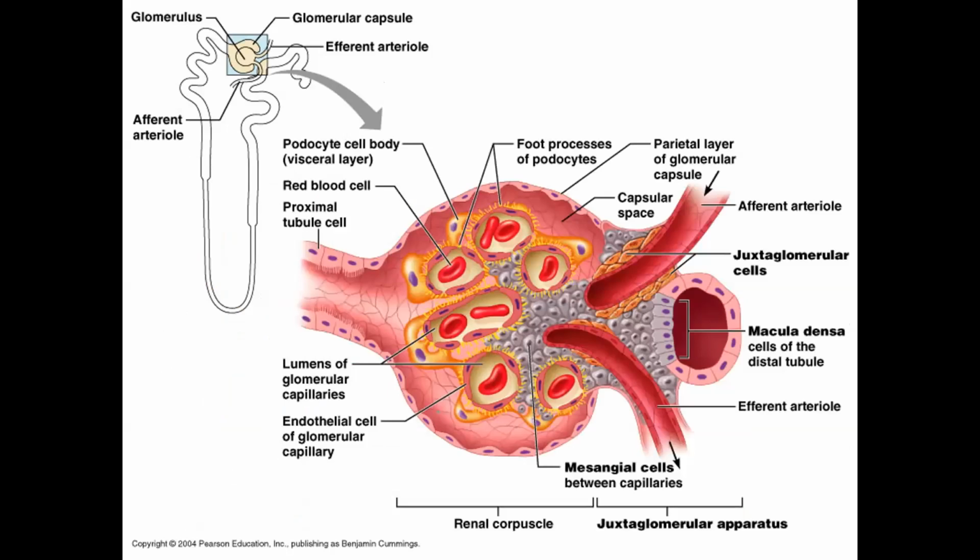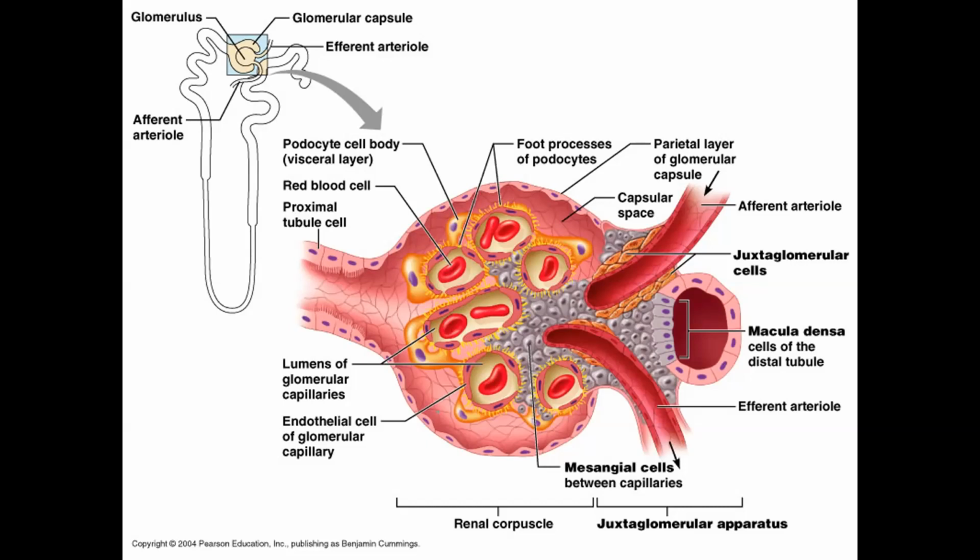Okay, so the filtration is very important. We want to keep a stable filtration rate. It's called the glomerular filtration rate. That means you want to have a very stable filtration process inside of the renal corpuscle. Okay, so to regulate the filtration rate, there are two big arms of regulation.